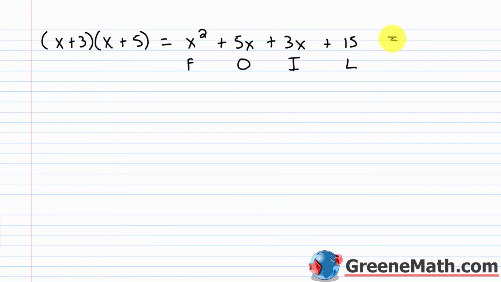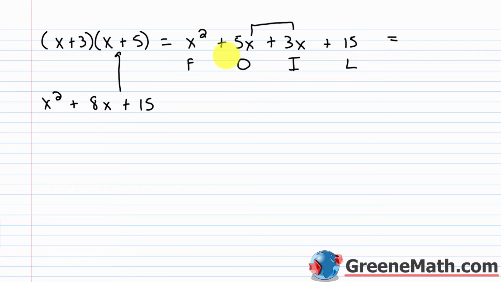When we combine like terms in the middle, we end up with x squared plus 8x plus 15. Now, the question is, if I started out with x squared plus 8x plus 15, and I asked you to go back to the factored form without all this information, how would you go about doing it?